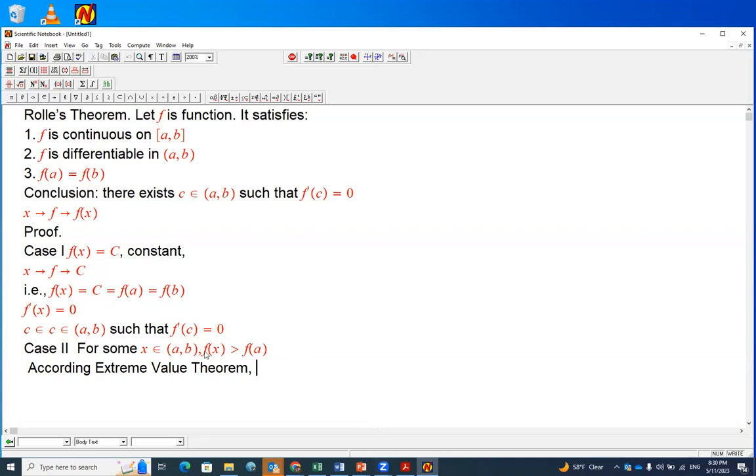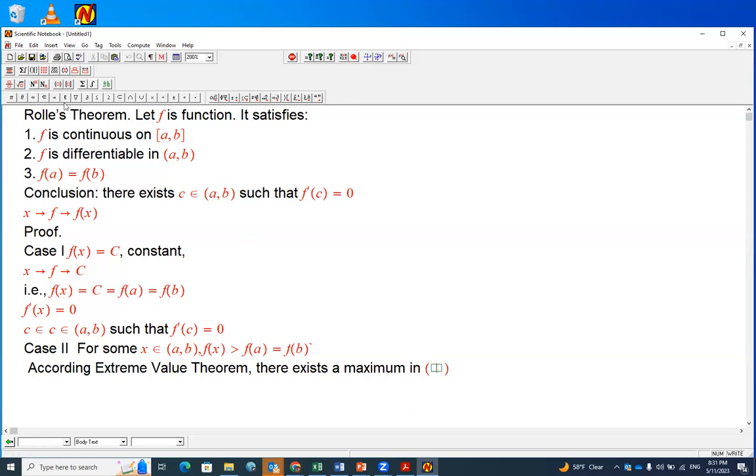And because there's one number larger than f of a, and f of a is the same as f of b, according to extreme value theorem there exists a maximum in the interval.